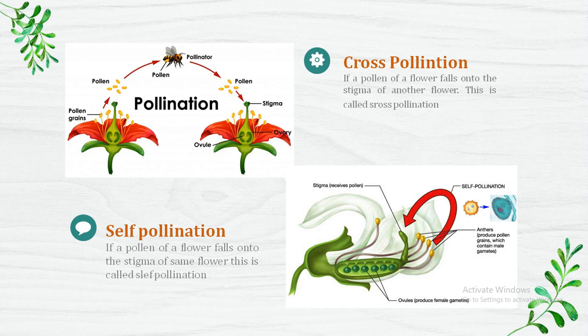This pollination can occur through bees, insects, or wind as well, because the pollen is so lightweight. By wind, it can easily be separated from the anther and go onto the stigma of the same flower or a different flower. So now we know pollination is the transfer of pollen.